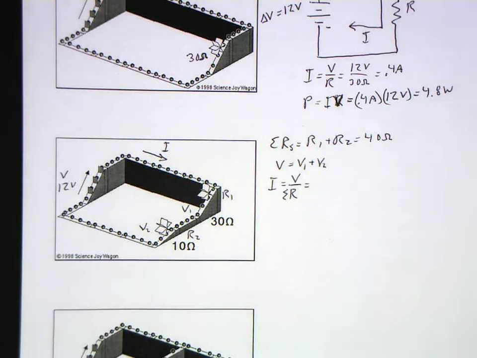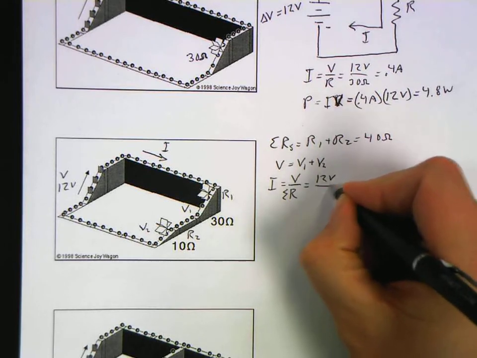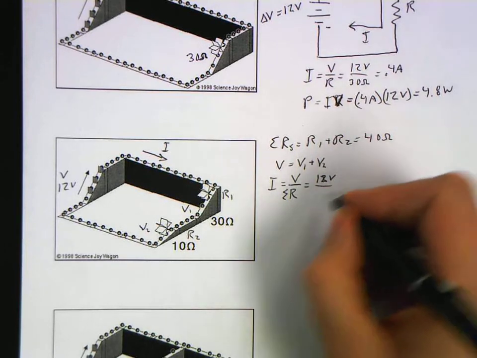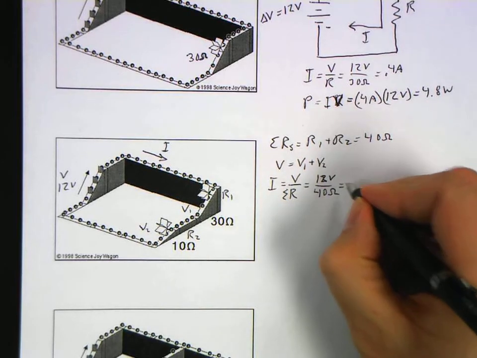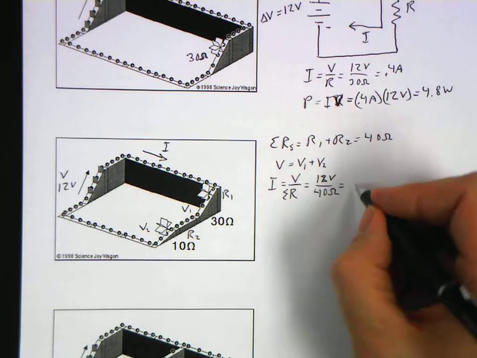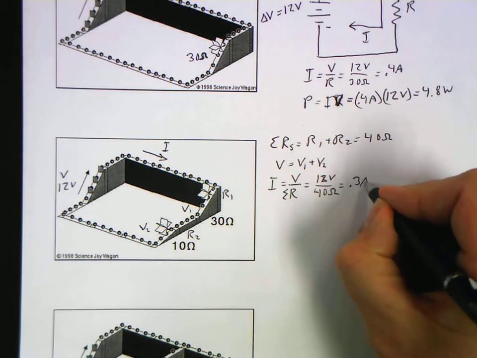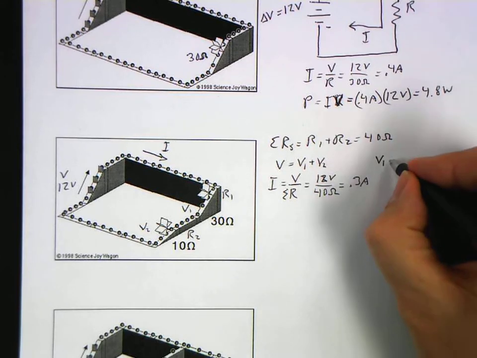And so this is our 12 volts divided by our 40 ohms. And so 12 divided by 40, it would be 3, so 0.3 amps.